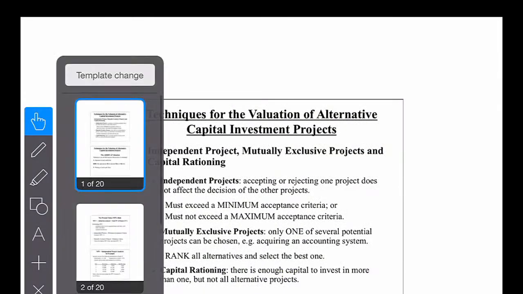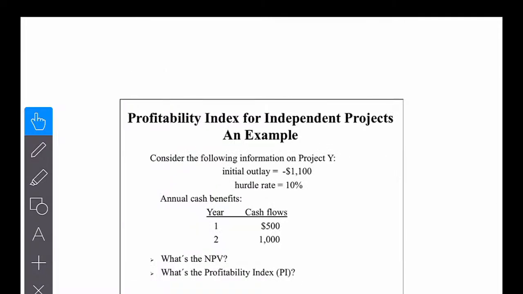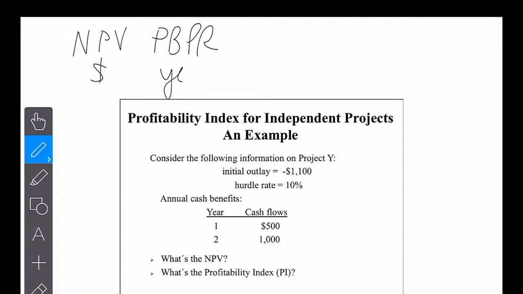Okay, so we left off here. What is a profitability index? So we reviewed NPV, and NPV was dollars, right? And then we talked about the payback period rule, and that was in years. And then the discounted payback period rule, which was in years.